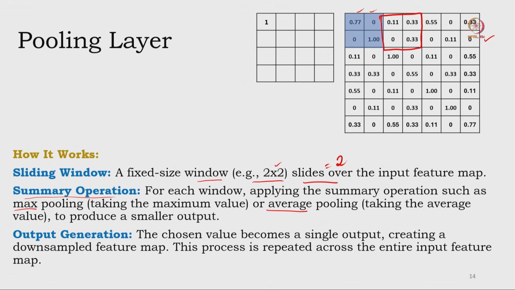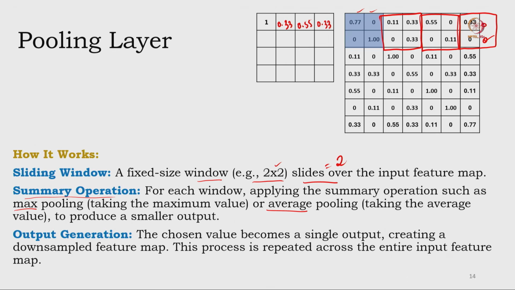What is the maximum among this? It is 3, and it will go to the next. What is the maximum among this? The maximum is 0.55. Now when you move, you do not have any values here. Can you see here? You do not have any values, but by default it is 0. So out of this the maximum value is 0.33.